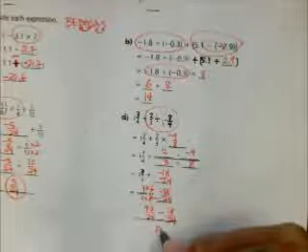And then 42 subtract 18 is, if it was 42 subtract 20, it would be 22, but it's subtract 18, so it's 24. Do I have that right? 42 subtract 18. Yep, 24 over 24, which is the same thing as 1.